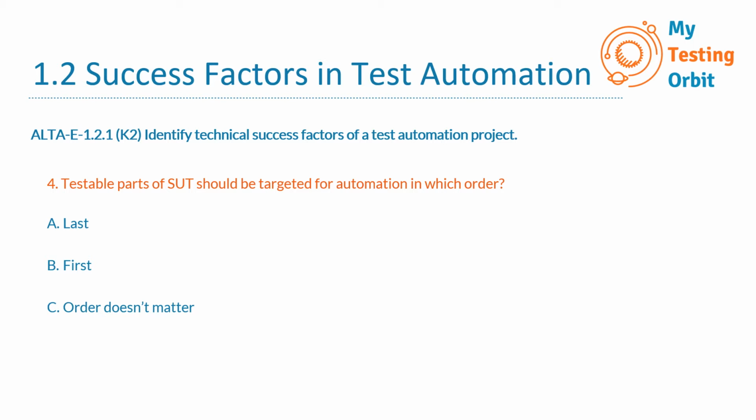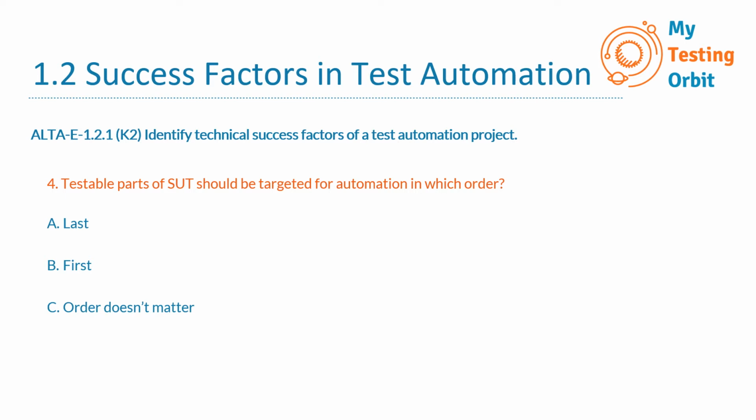Whenever we have a system under test, there will be a few parts which might be available for testing first rather than the other ones. One of the key factors in test automation success is the ease of implementation of automated test scripts.